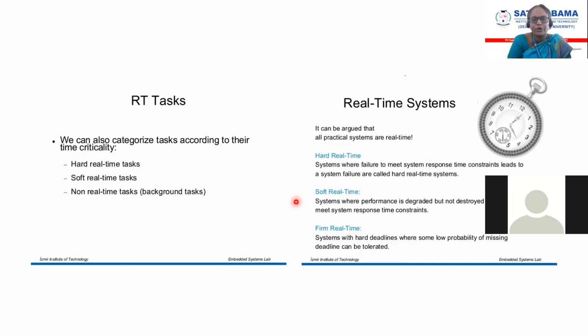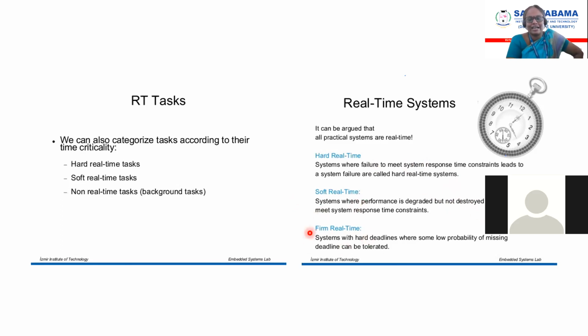Then soft, I told you, is a system where performance is degraded but not destroyed. This does not meet the time constraint. We have seen the count of our day to day corona, I have explained to you. Daily it will keep on being updated every 20 minutes. If every 20 minutes it's not updated and it takes some 30 minutes to update, it won't affect.